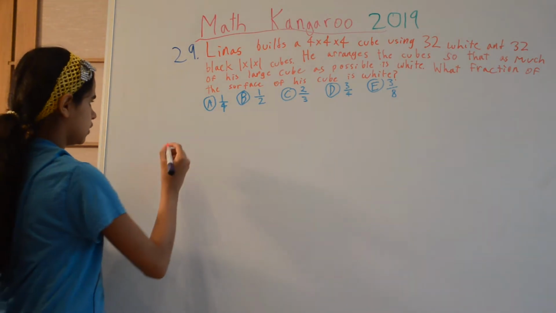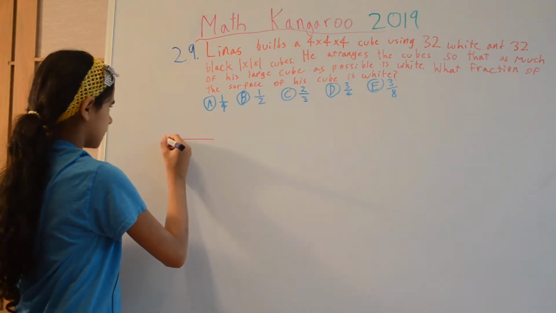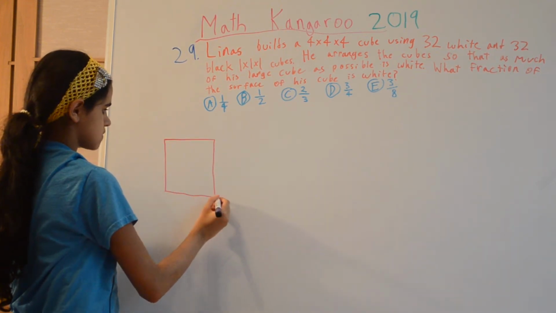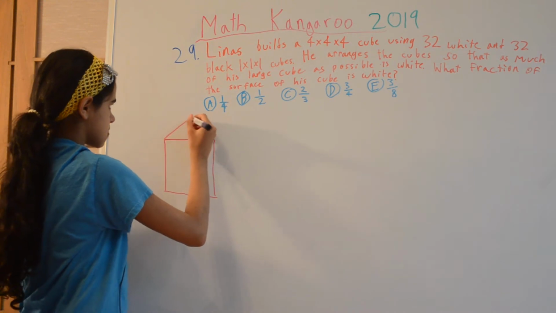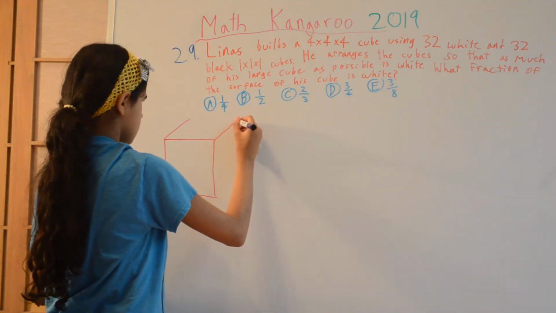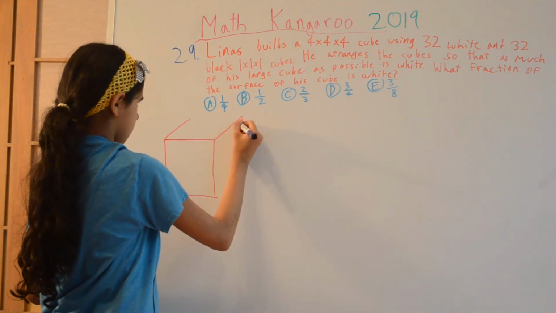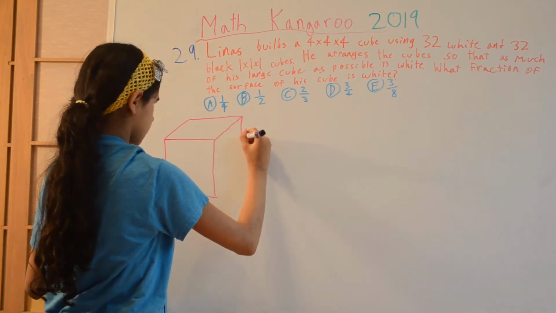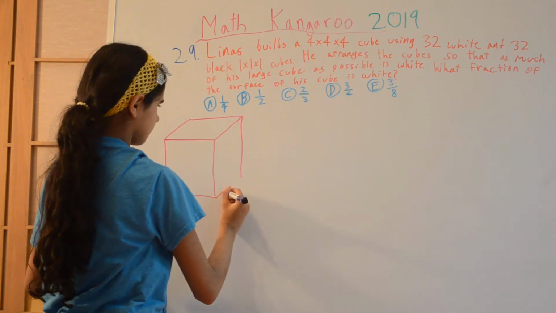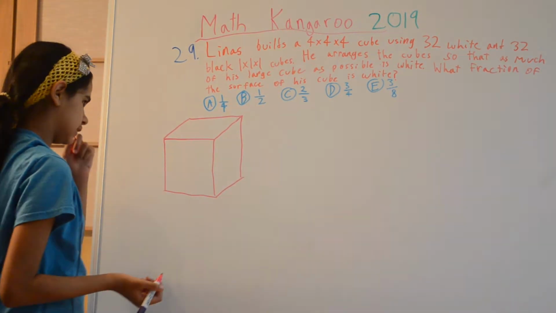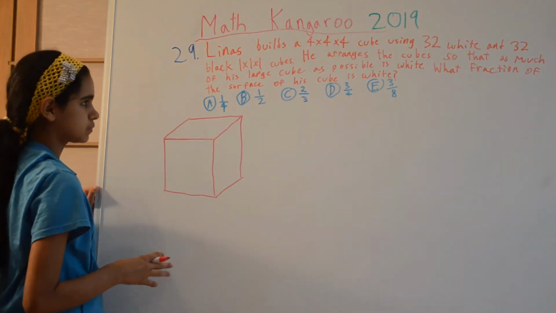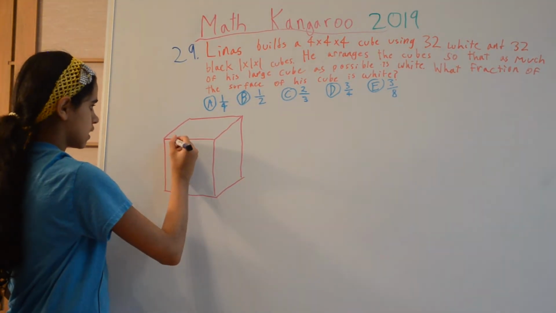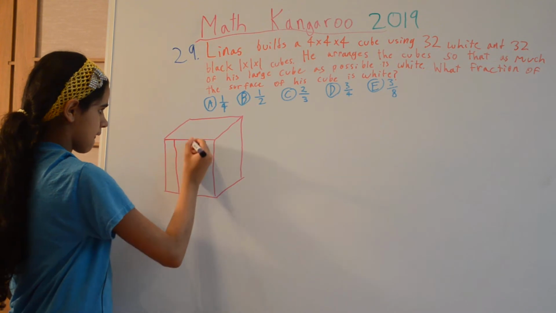So the cube is going to look something like this. And the cube is going to be made up of 64 small cubes, 32 white, 32 black.